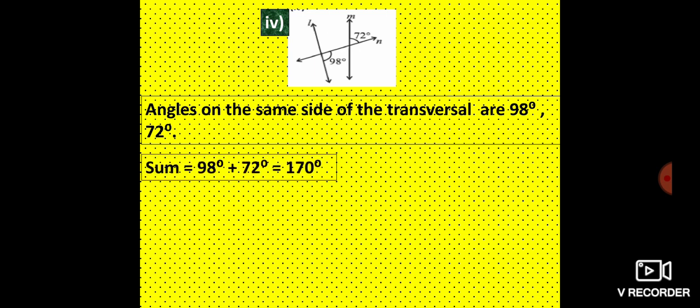We find the sum. We get 170 degree. Therefore, these are not parallel lines. Okay, if the sum is 180 degree, lines are parallel. If it is not 180 degree, lines are not parallel.